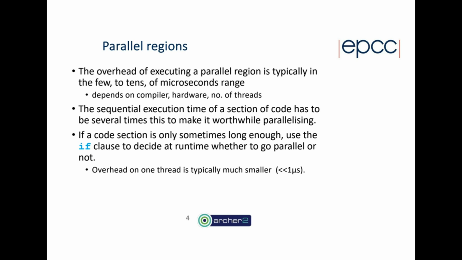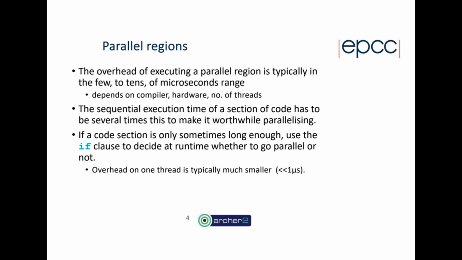In some applications, you might have a loop which you're going to execute lots and lots of times, and maybe the iteration count varies a lot from one instance to another. So sometimes the loop execution time is really short and it's not worth parallelizing. Other times it's really long and it is. So the parallel region comes with an if clause to decide whether to go parallel or not.